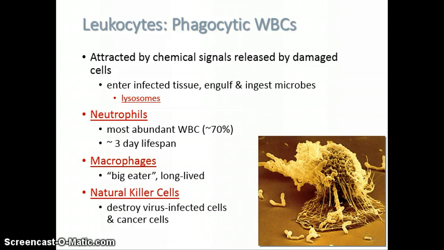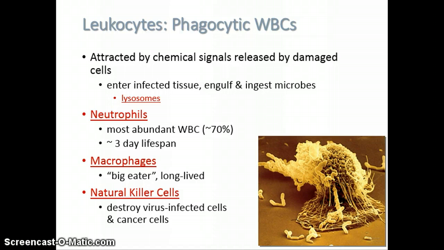Some of these types of leukocytes, again, are neutrophils, which are the most abundant white blood cell. They make up about 70% of our white blood cell count, and they only have about a 3-day lifespan, so the body has to make a lot of these on a constant basis to circulate throughout the body. Macrophages are larger cells. They are the big eaters.